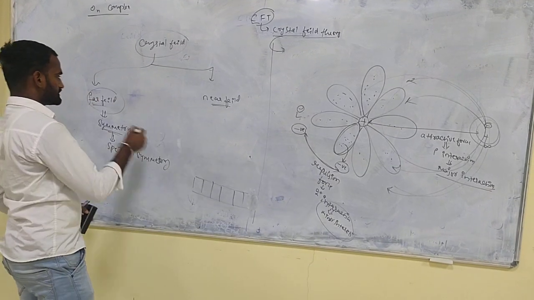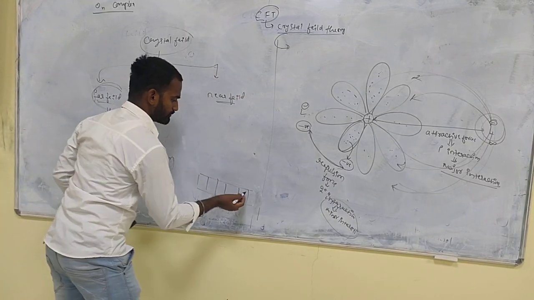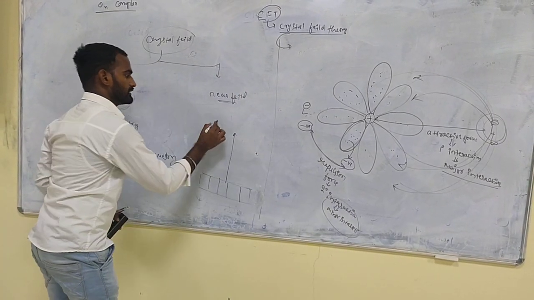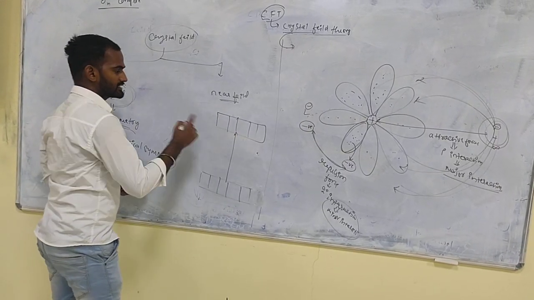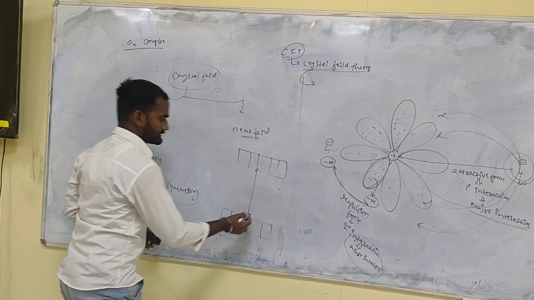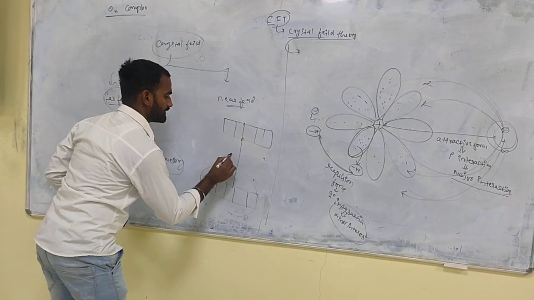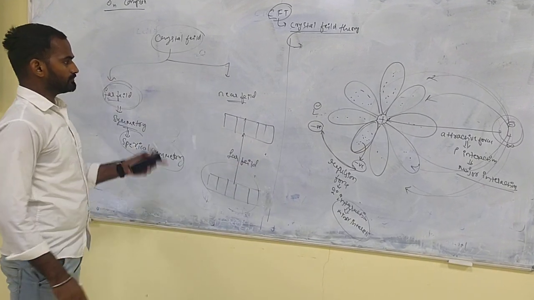Due to this far field, which has spherical symmetry, all these d orbitals are excited to higher energy, which is called the excited state. This excitation is due to the far field.